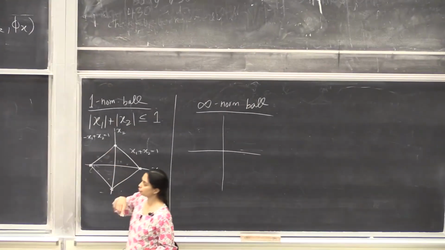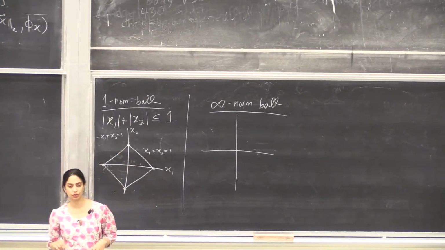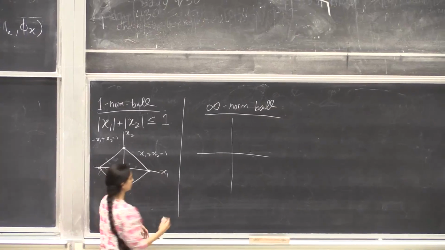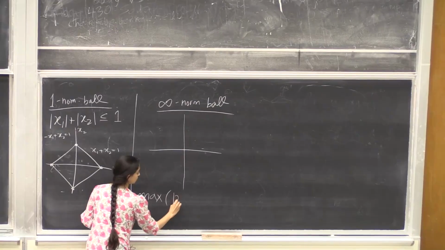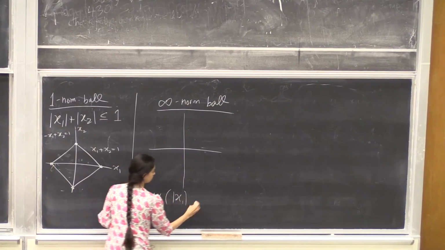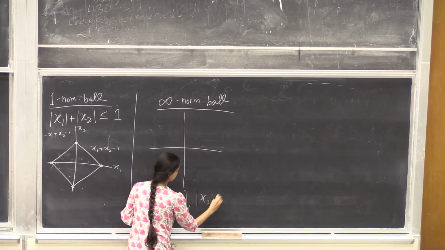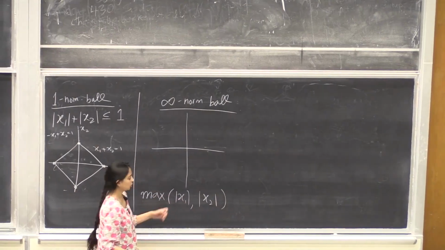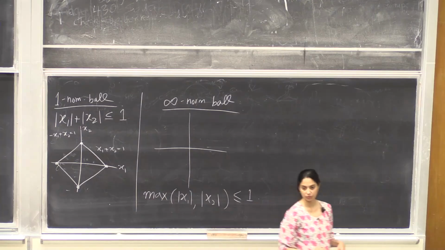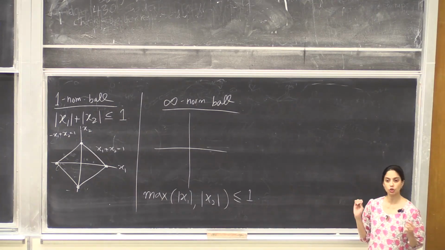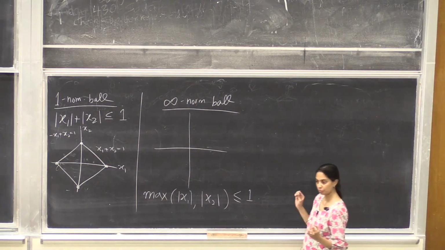What does this reduce to when you're in 2 dimensions? Max of the absolute values of x1 and x2, because they're just scalars. This should always be less than 1, so whichever is larger should always be less than 1, right?